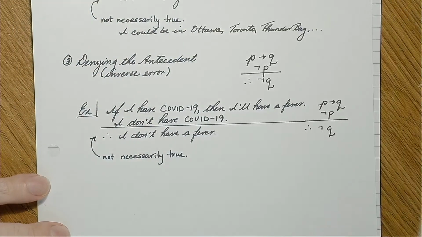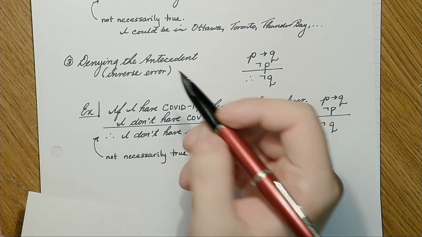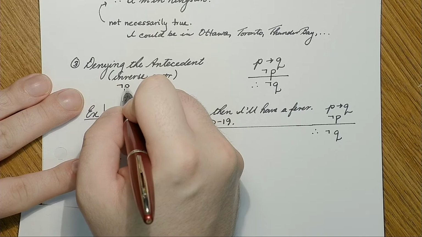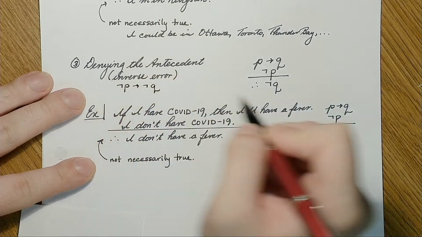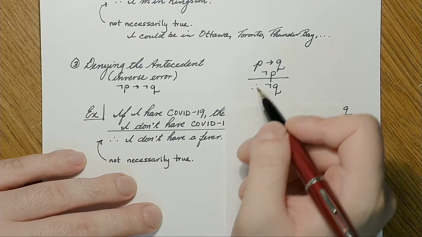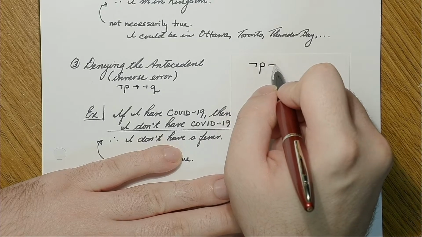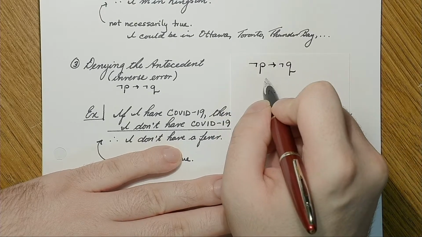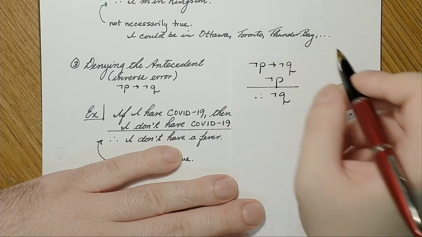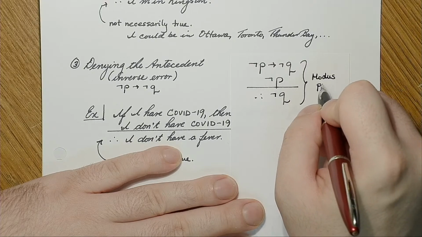And the same thing happens over here, is the error of the inverse. The inverse is not P implies not Q. Again, if we were given not P implies not Q, not P, therefore not Q, this would have been fine, because again, this is modus ponens.